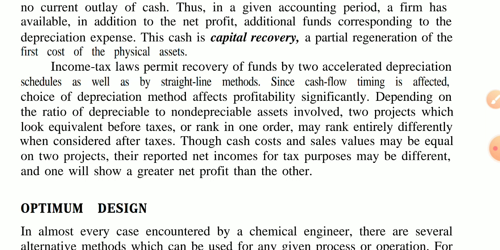Some values may be equal under the project, yet their reported net income for tax purposes may be different, and one will show a greater net profit than the other.